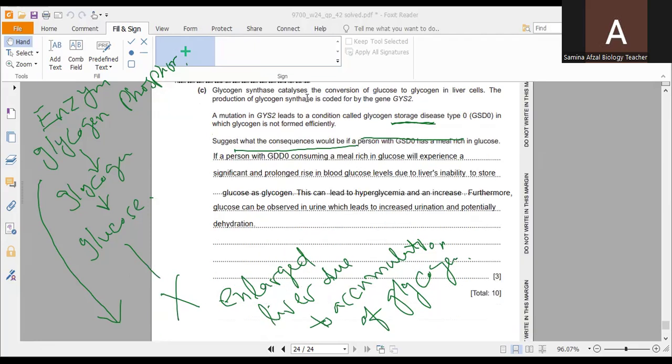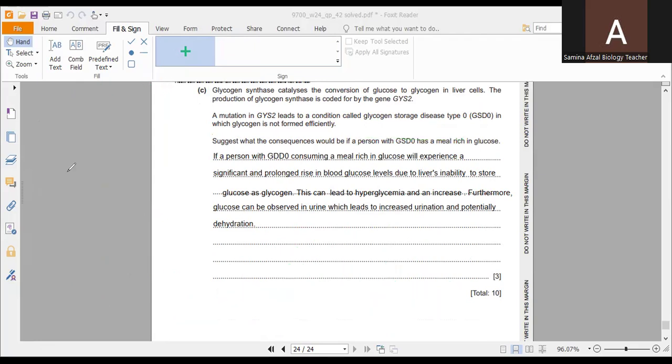Now the next question is: glycogen synthase catalyzes the conversion of glucose to glycogen in liver cells. The production of glycogen synthase is coded for by the gene GYS2.